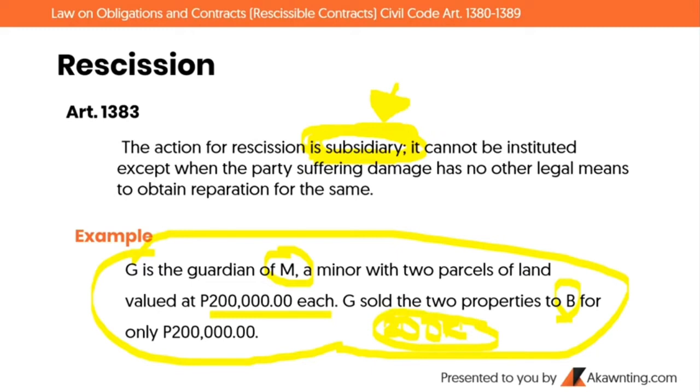Therefore, your action for rescission is only subsidiary. When there are other remedies such as this, where the third person is willing to pay, you cannot invoke the action for rescission.